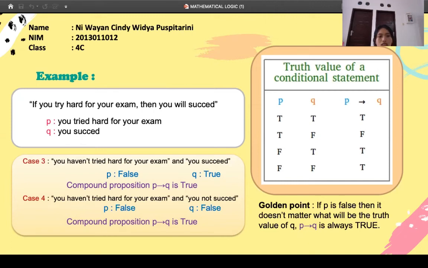Last but not least, case number 4. You haven't tried hard for your exam and you did not succeed. From this sentence, we know that P is false and Q is false too. So, the compound proposition P implies Q is true.